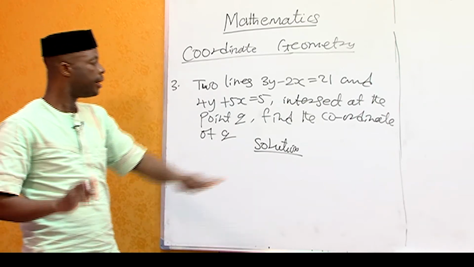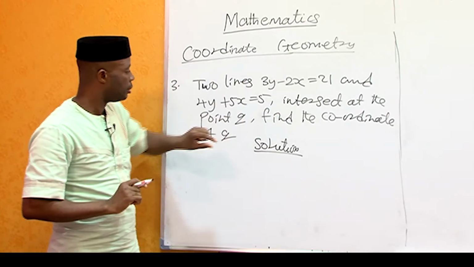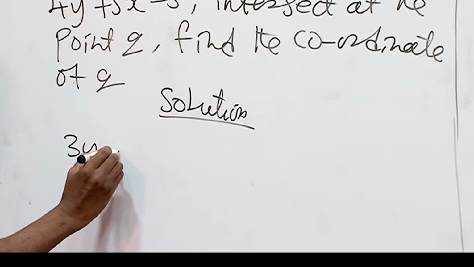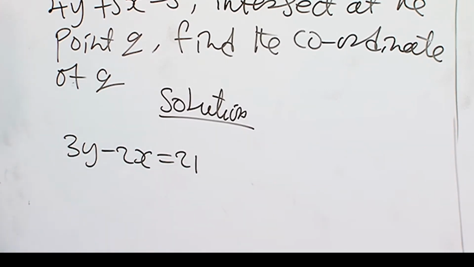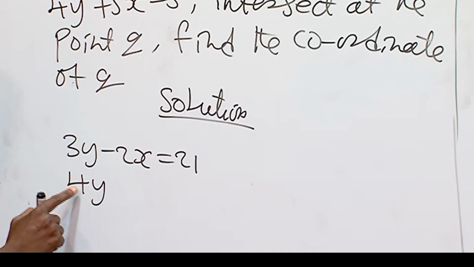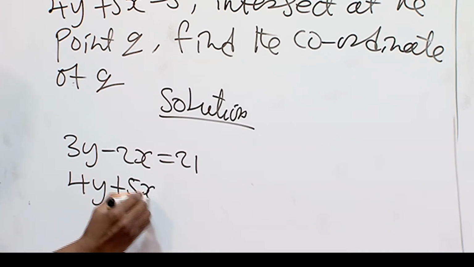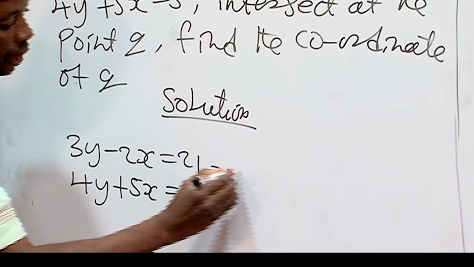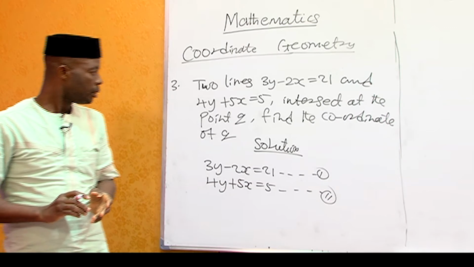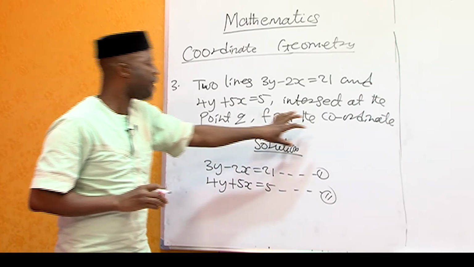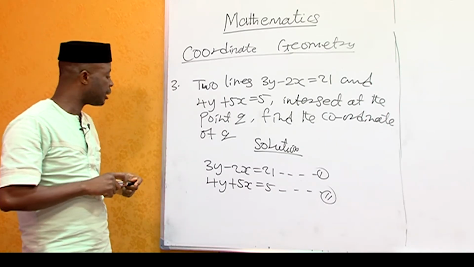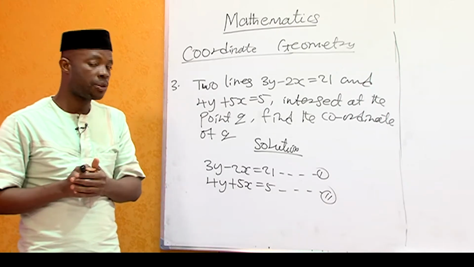The two lines are the first equation and the second equation. The first equation is 3y minus 2s equals 21, and the second is 4y plus 5s equals 5. This leads us to what we call simultaneous equations. From these simultaneous equations, you are going to find the coordinate of Q. In solving simultaneous equations, we have three methods.